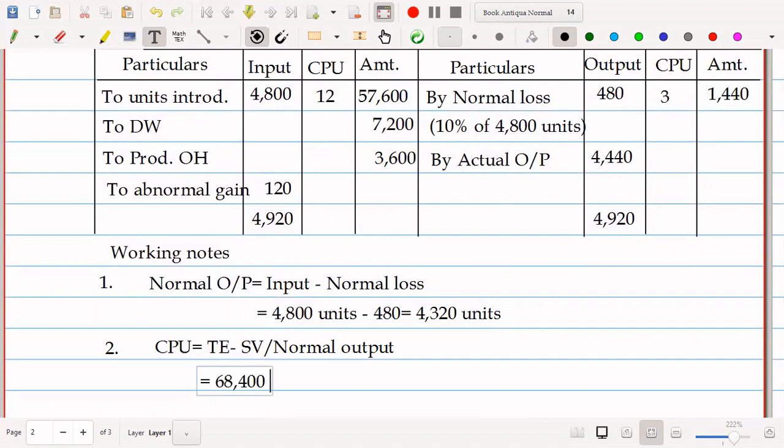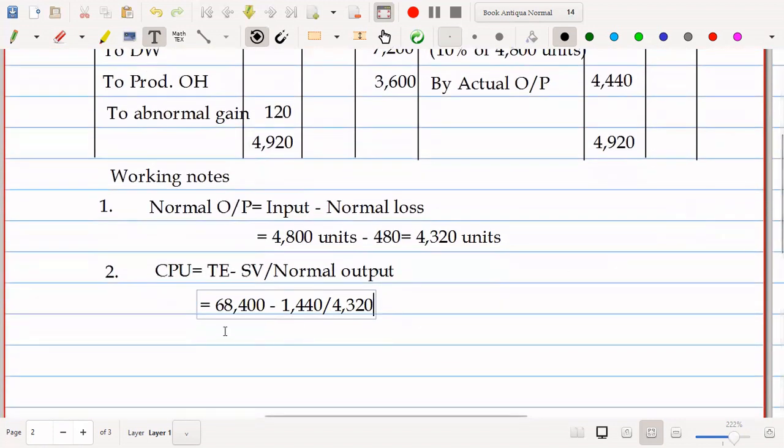68,400 minus what is the scrap value? Scrap value is 1,440 divided by normal output as we calculated here, 4,320. When we minus and divide this, it comes to rupees 15.50.